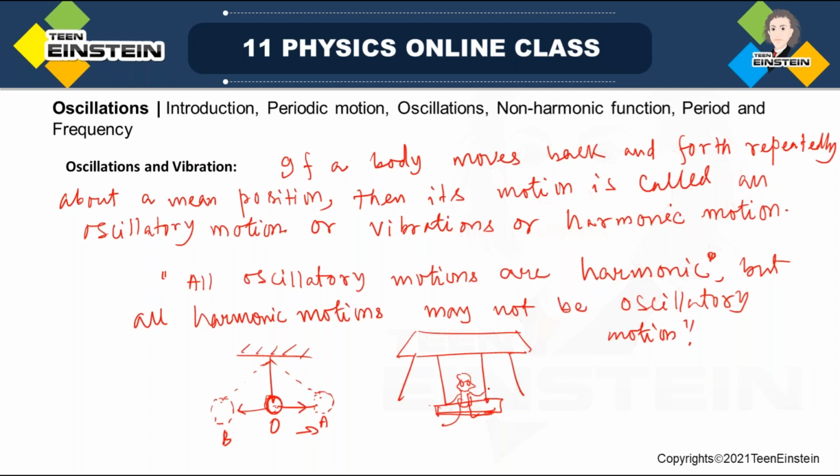So that's why swinging motion is also an oscillatory motion. And since it is repeating, it is actually a periodic motion. Periodic or harmonic, the same. So this periodic motion is called either oscillation or just periodic or harmonic motion, because it is going back and forth around a mean position.